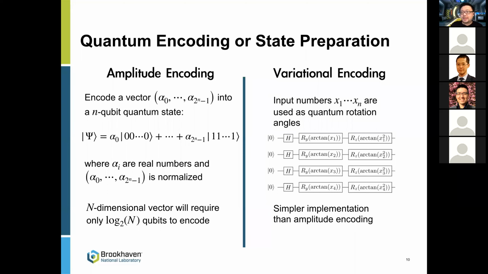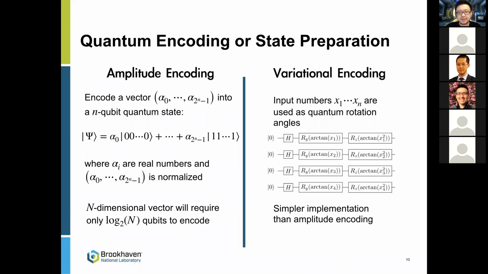Okay, so given a vector, alpha 0 to alpha 2 to the power of n and so on, there are overall 2 to the power n values. So we want to encode this vector into a quantum state. The most intuitive form is that we encode these values directly into the quantum amplitudes. So we can imagine that we have a circuit.